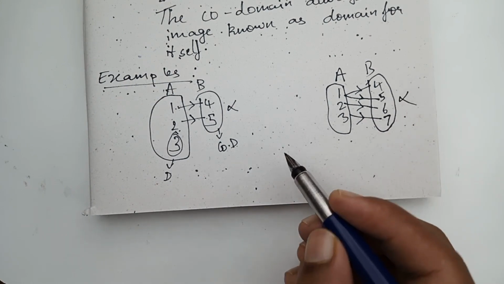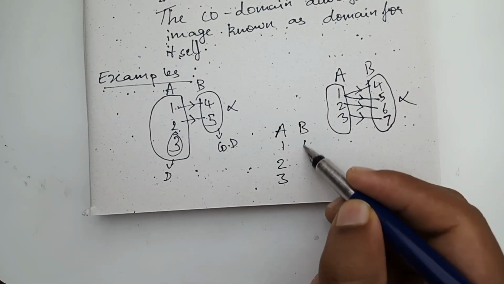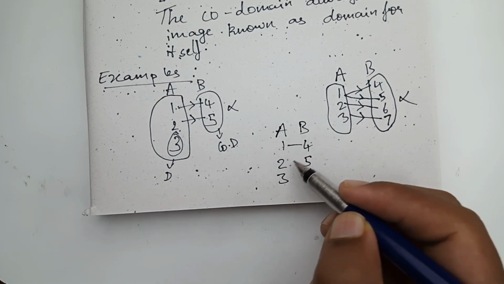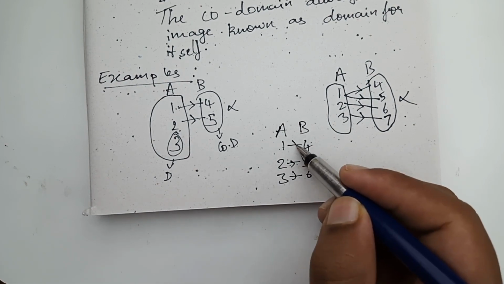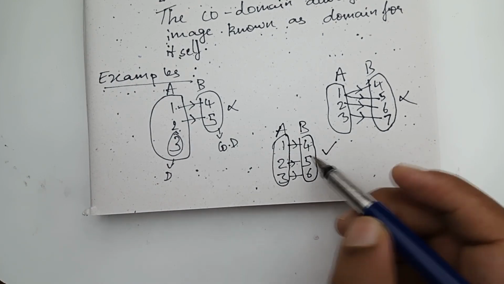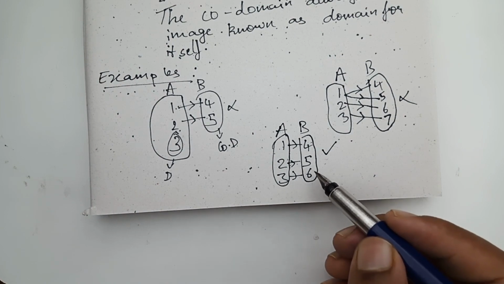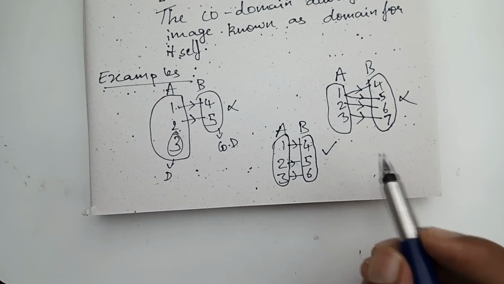So this is not a function. We'll take another one. A, B, 1 2 3 4 5 6. This is a correct function because each codomain has one image domain for each, so it is a function.